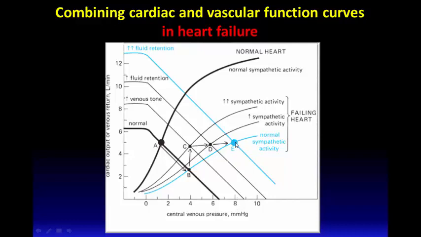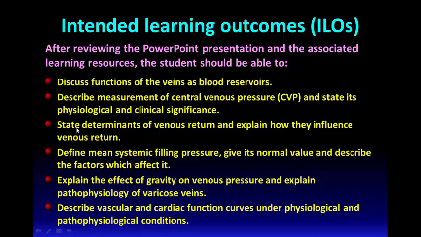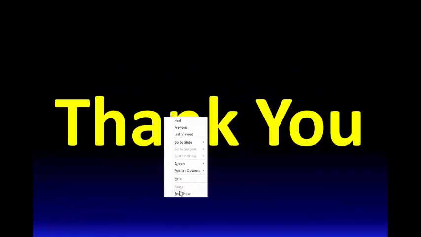Hence, with excessive fluid retention, the failing heart would not benefit. The heart would benefit more from the increased sympathetic activity. And that's the end of this lecture, and thank you very much for listening.